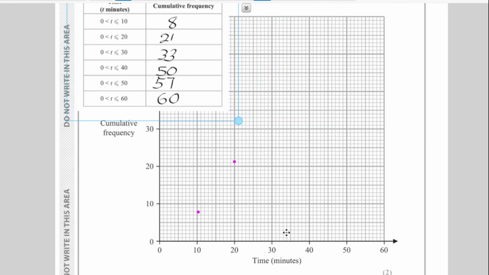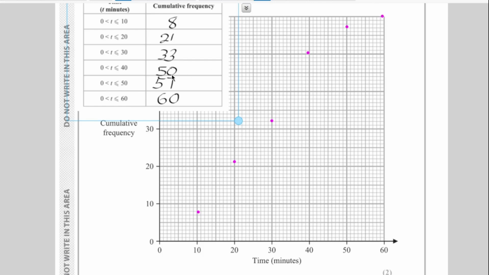Next one is 40, 50. Here. 50, 57. Here, and 60, 60.